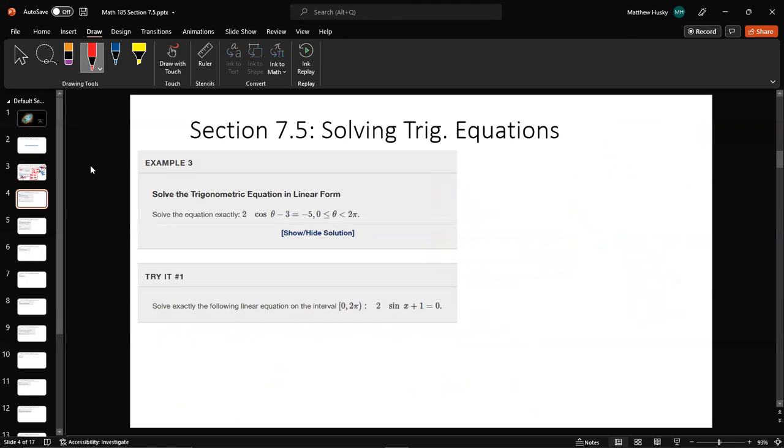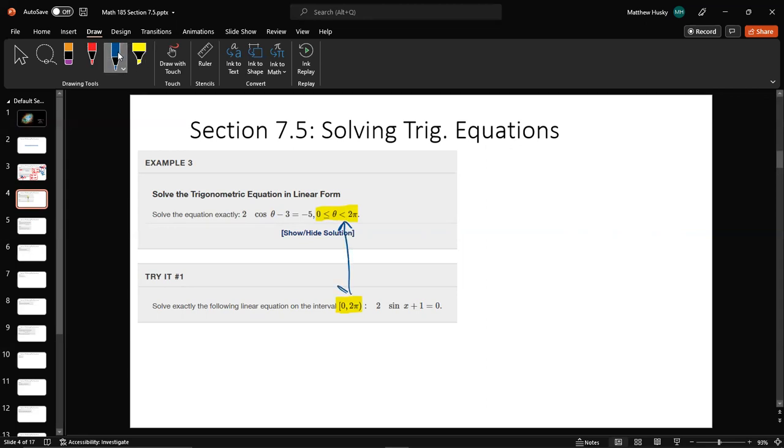Most of the time, we're going to focus on just the solutions from 0 to 2 pi. They have it written in two slightly different ways here, but just know that these mean the same thing. In one problem, they wrote it as inequalities. In the other problem, they wrote it as interval notation.